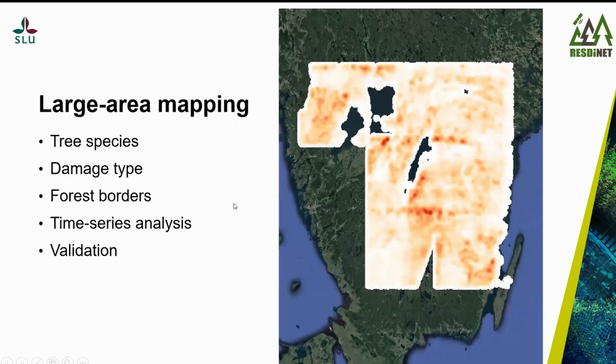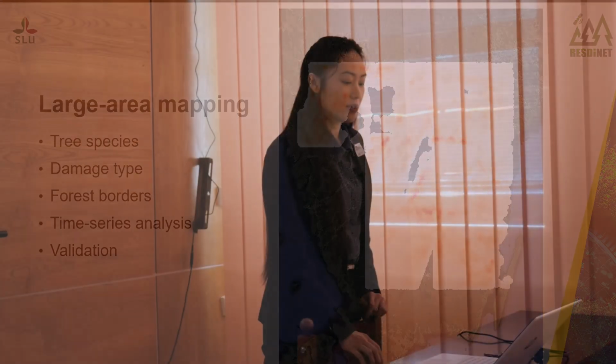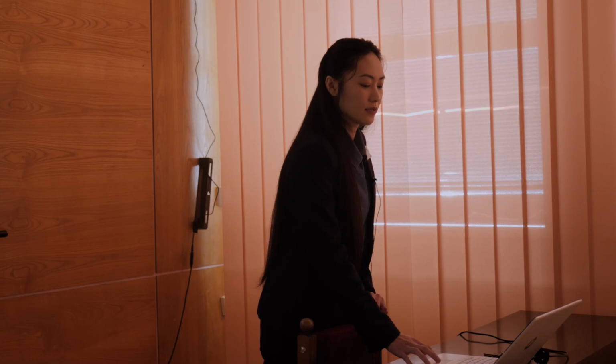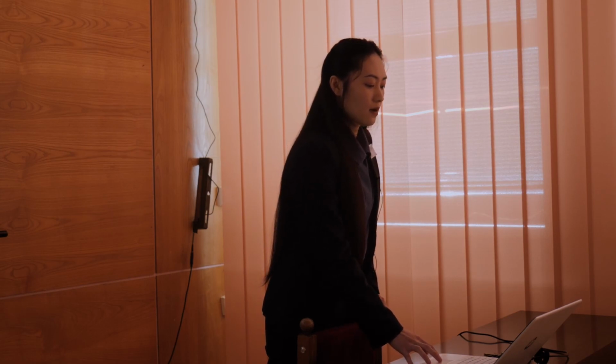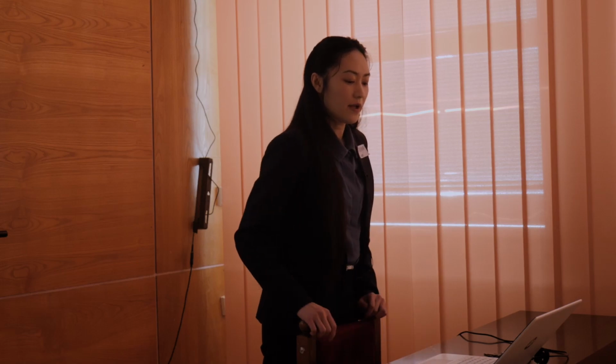And using a similar method, we can also achieve this large area mapping, and this is a preliminary mapping covering southern Sweden. When we implement this method, there are also a lot of challenges, like the tree species may influence the spectral performance.